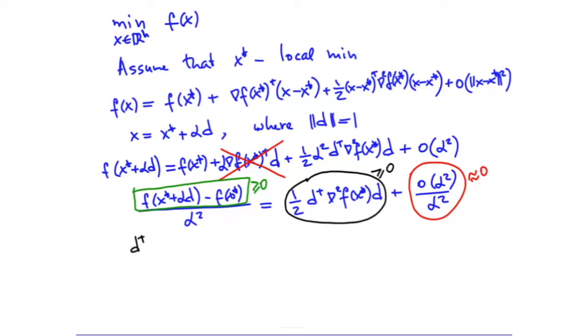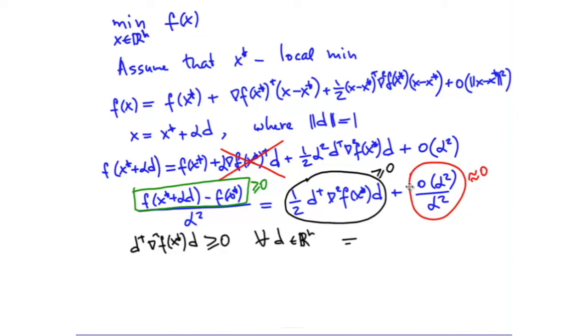So we have d transpose times the Hessian of f at x star times d must always be greater than or equal to 0. We could consider an arbitrary direction d here, right? So this must hold for every direction d in R^n.